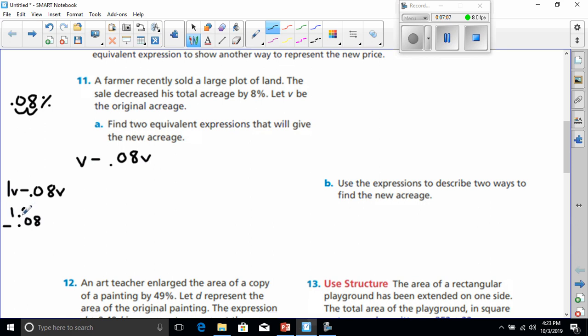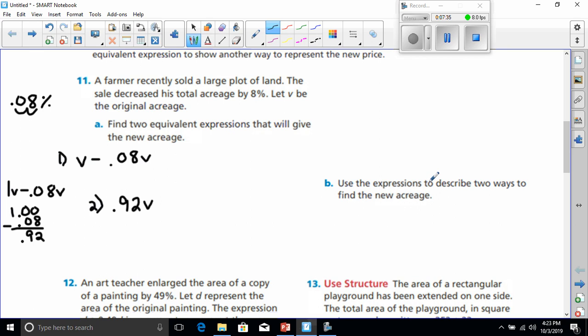If I line up my decimal point, that's going to give me 0.92. And so my new expression could be 0.92V. So there's expression 1, and the second one is 0.92V.